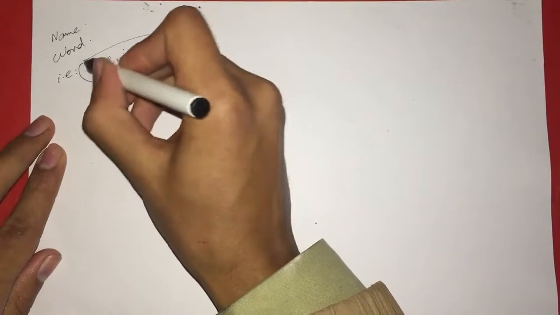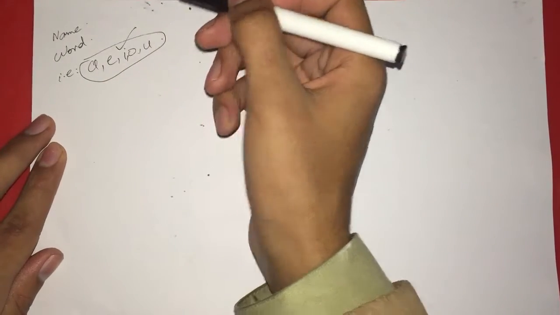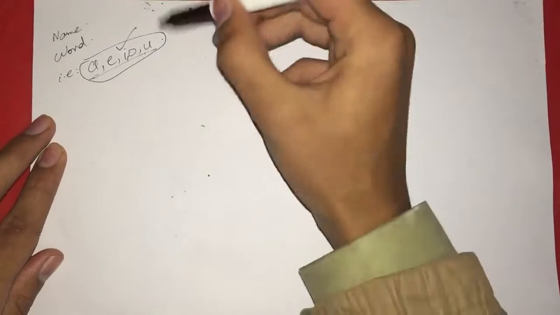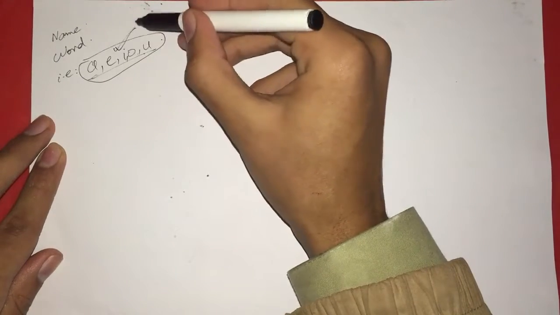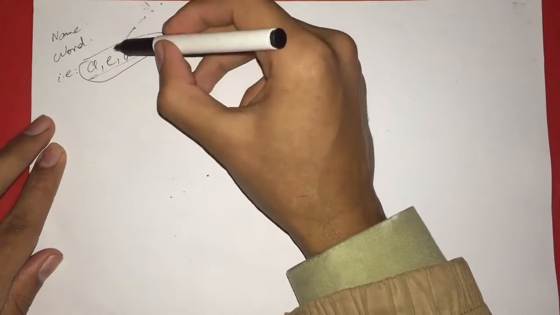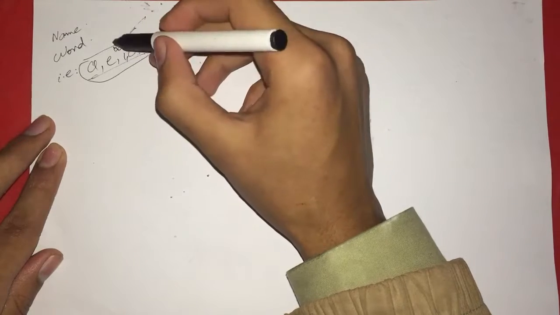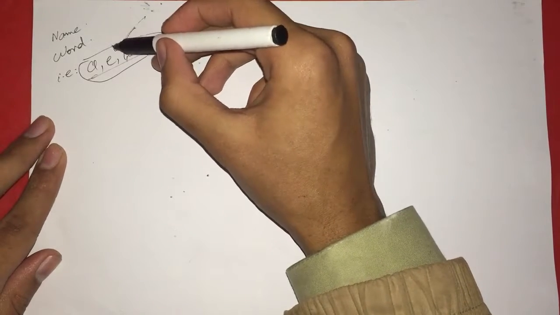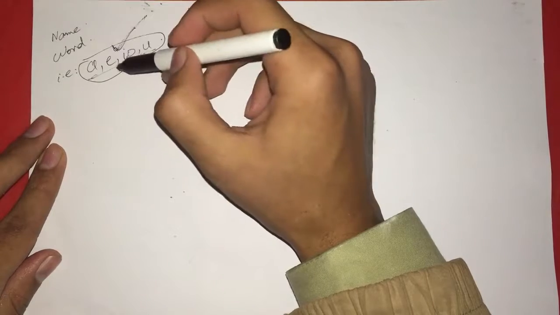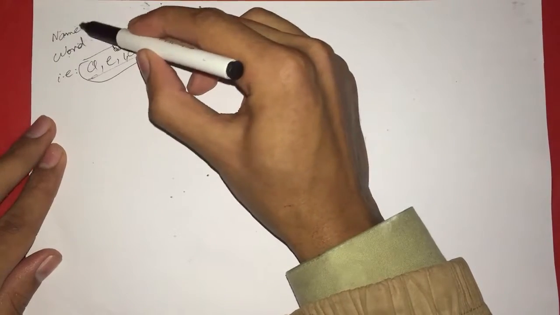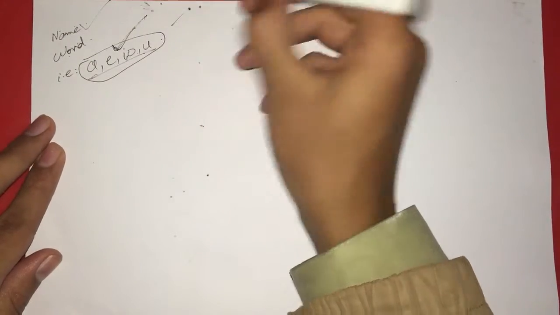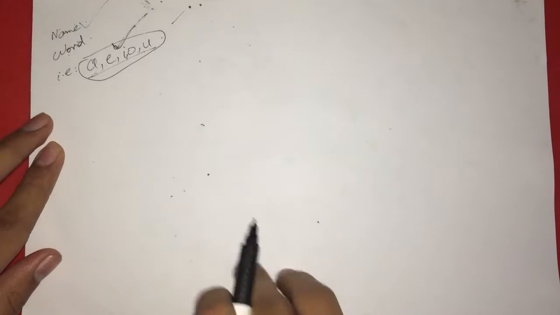So our program should output the number of vowels there are in the name or the word the user has just inputted.